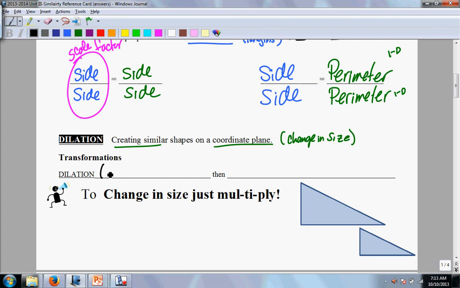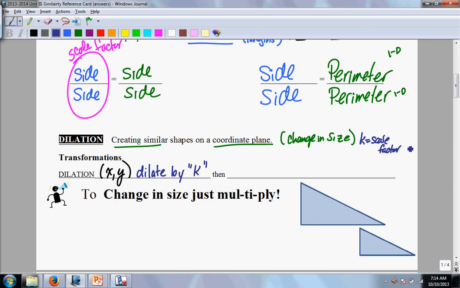So if you have an x, y coordinate, and you dilate by k, we use the variable k for the scale factor. In this case, k equals the scale factor.